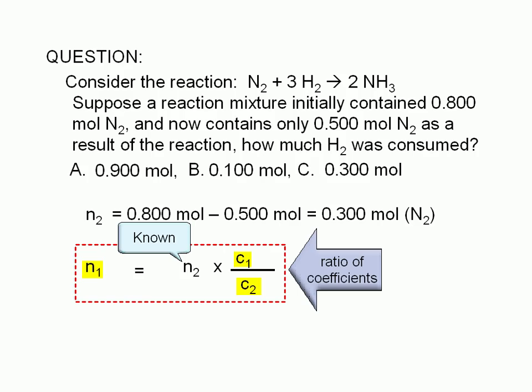We are given that the amount of nitrogen dropped from 0.800 moles to 0.500 moles. Therefore, the change in the amount of nitrogen is 0.300 moles. 0.800 minus 0.500 equals 0.300.